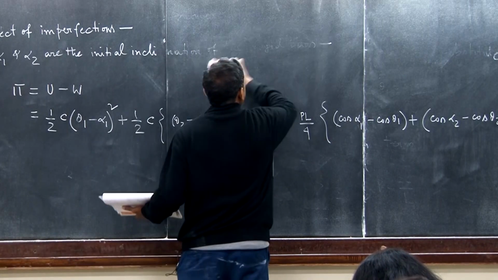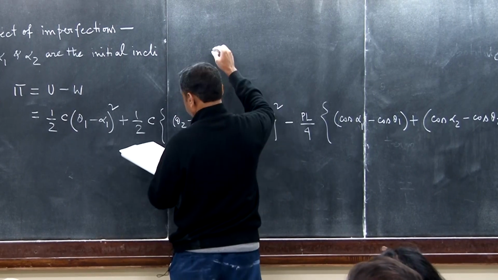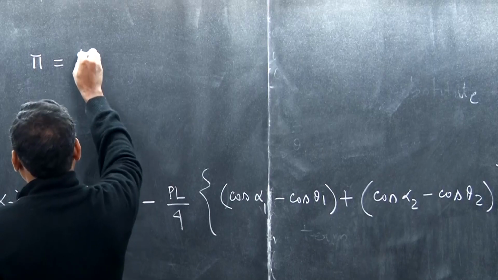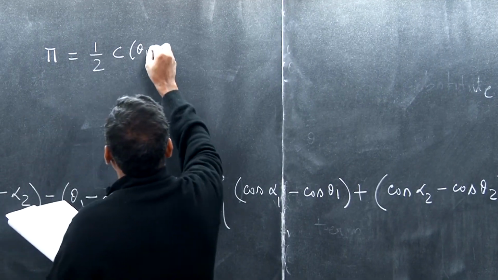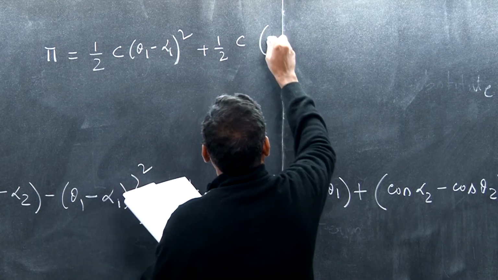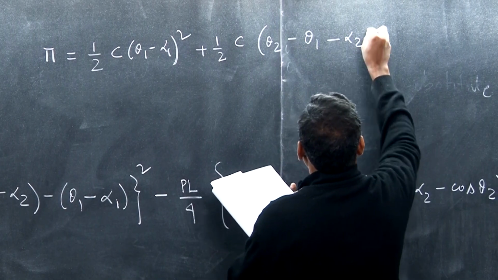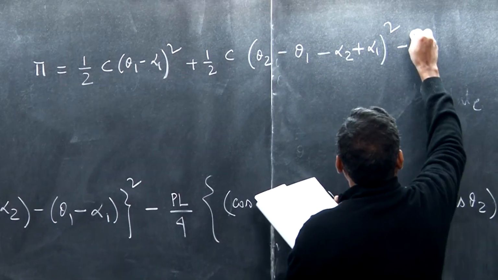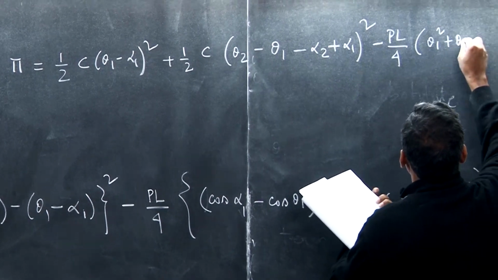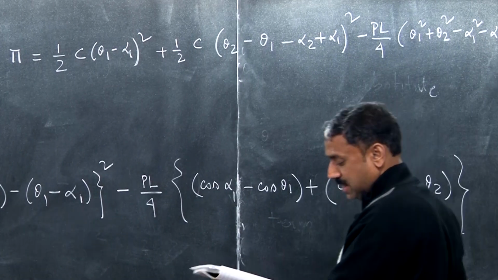So you will see that pi is half c theta 1 minus alpha 1 squared plus half c theta 2 minus theta 1 minus alpha 2 plus alpha 1 squared minus PL by 4 times theta 1 square plus theta 2 square minus alpha 1 square minus alpha 2 square, right?